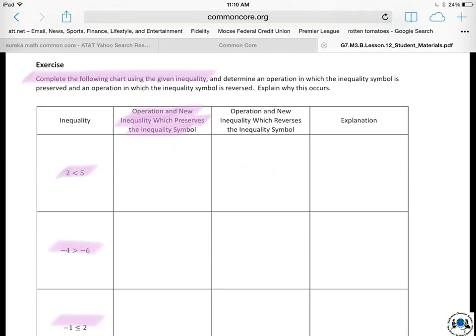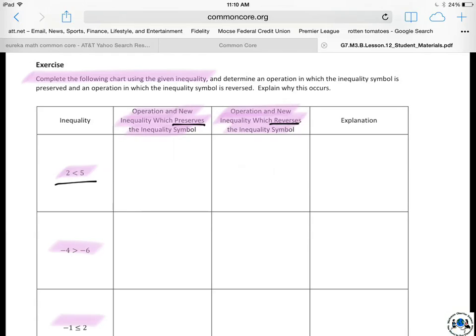So you're going to choose a number to apply to both sides of the inequality to preserve that inequality symbol. And then with that same inequality, you're going to create a new inequality which reverses the inequality. Okay, reverses.